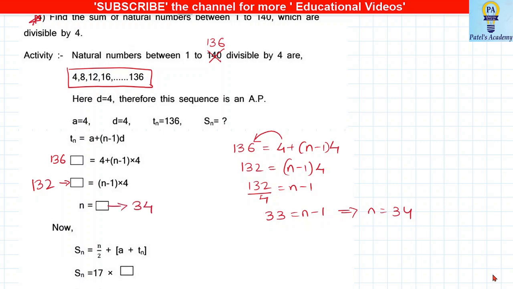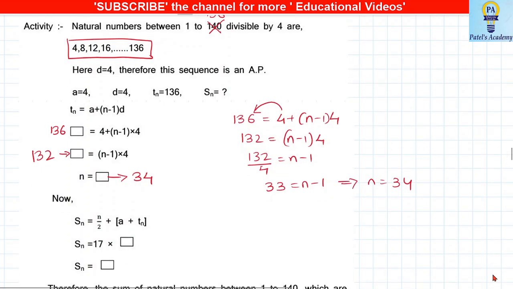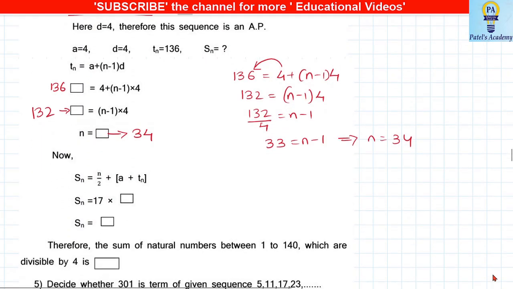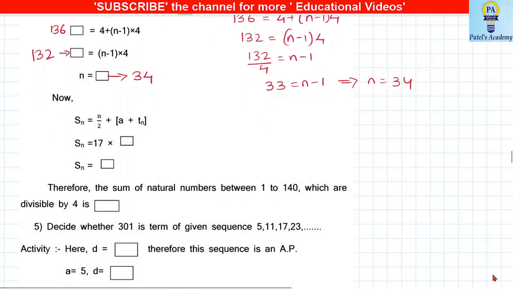Okay, first step, we got n. Now you have to find Sn. For Sn, we are using the second formula, that is n upon 2 bracket a plus an. We got n as 34. So it is 34 upon 2 bracket. What is the value of a? a is 4 and Tn, the last term, is 136.